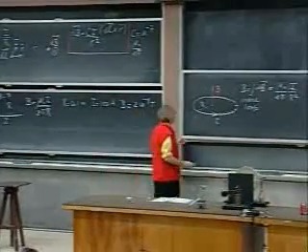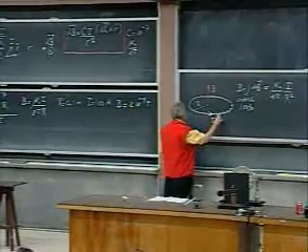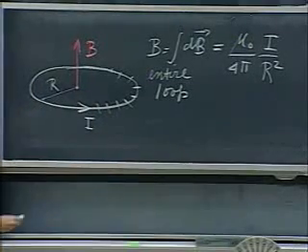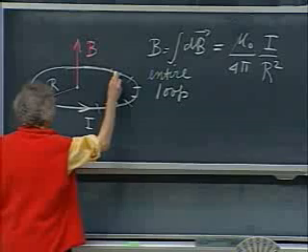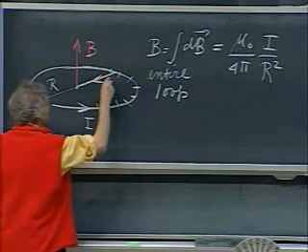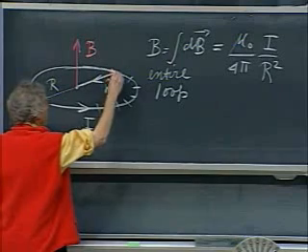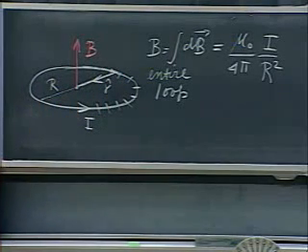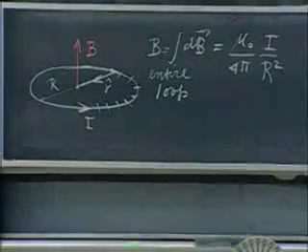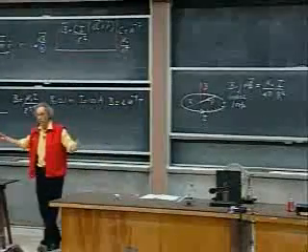Well, r is, of course, always perpendicular to dl. Any element dl that you choose, the unit vector r is exactly perpendicular to the element dl, because that's the characteristic of a circle. And so the sine of the angle between dl and r is 1.